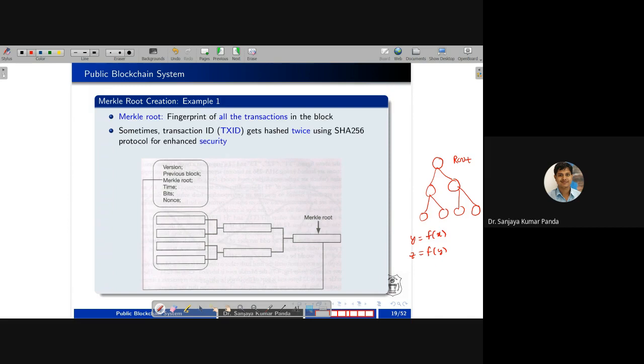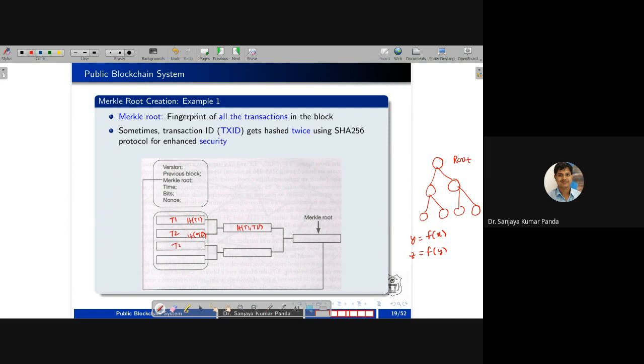In the Merkle root also, you can see two different inputs. For example, this is one transaction T1, and this is another transaction T2. These are my inputs. In an individual block I can calculate the hash of T1 and the hash of T2, but when these values come here, I calculate the hash of T1, T2.